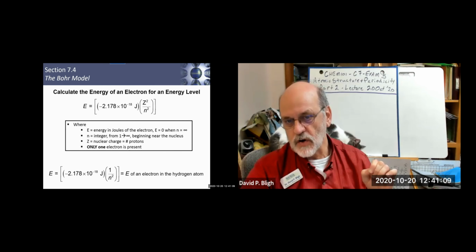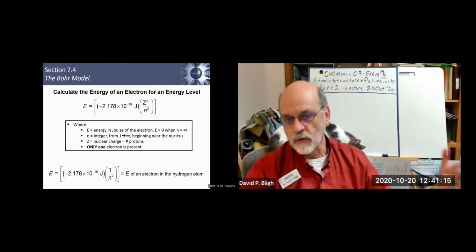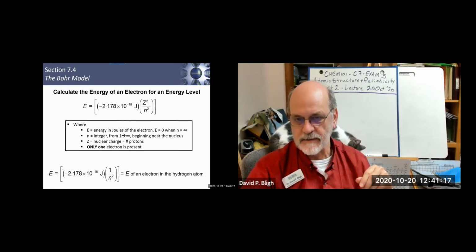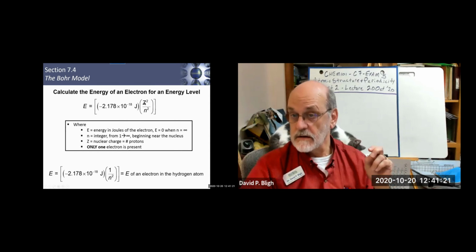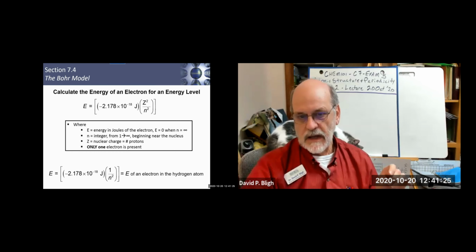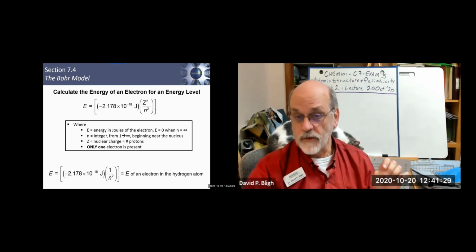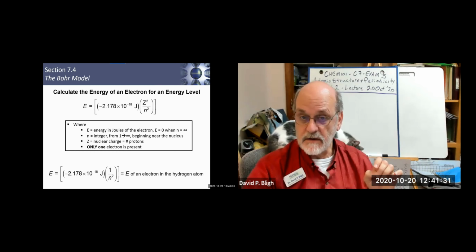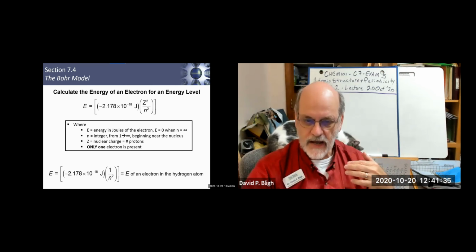One is you need to know this value here, which is the whole number multiple energy level 1, 2, 3, 4, whatever the case may be. But you also need to know Z, which is the number of protons. And for the hydrogen atom, the value will be 1, of course. So that's why when you calculate for the hydrogen atom, that 1 is always there.